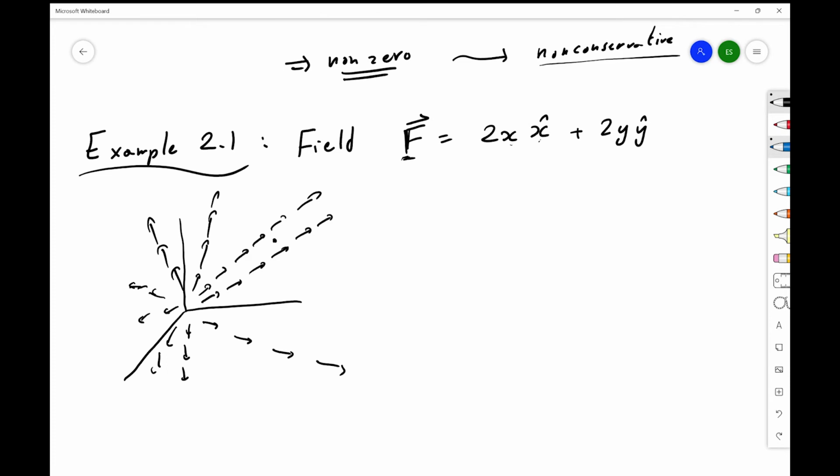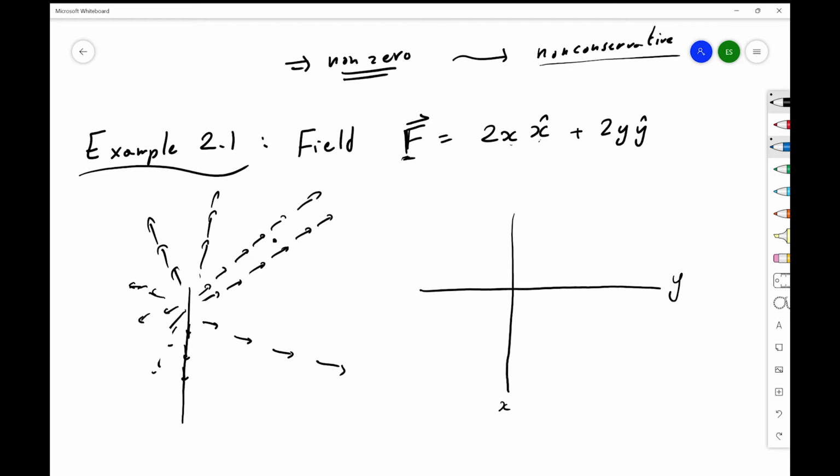So F is a force field. What is the work done? Let's say some particle moves on the XY plane. So forget about the whole 3D space for a second, and let's assume that there's movement only on the XY plane. Notice something peculiar about this field.